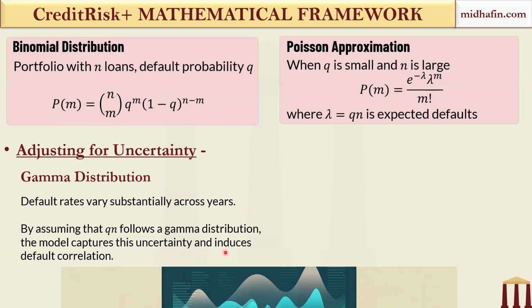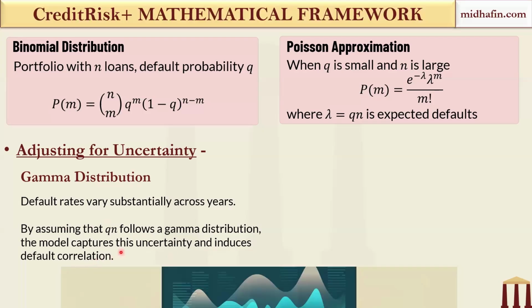See, in the pure Poisson setup, defaults were independent, and that is what the binomial distribution also assumes, independence. But in this case, because we are assuming that lambda follows a gamma distribution and is not constant, we are able to induce a default correlation across borrowers.